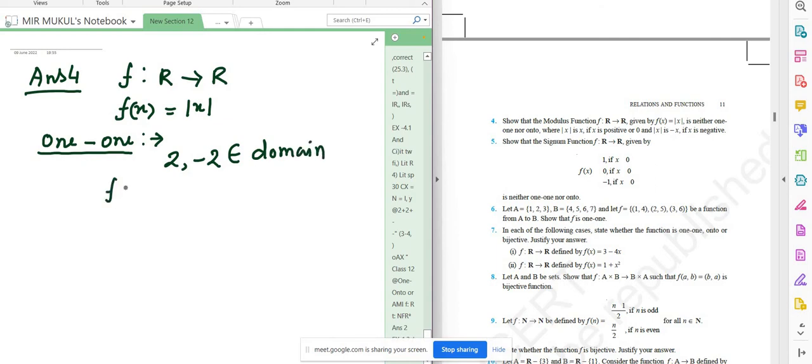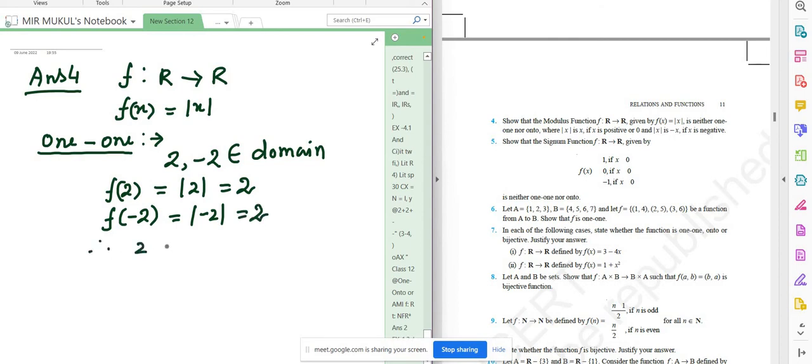Now f(2) equals mod of 2, its value is 2. f(minus 2) equals mod of minus 2, it is also 2.